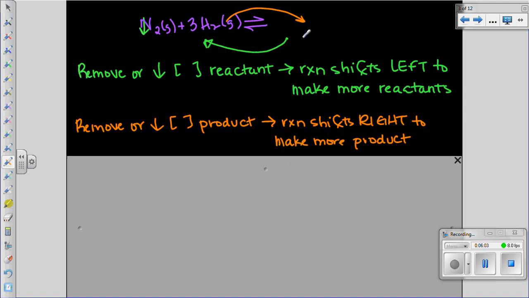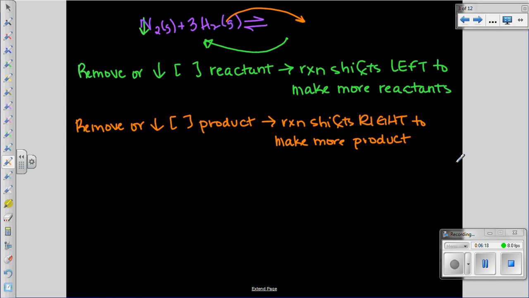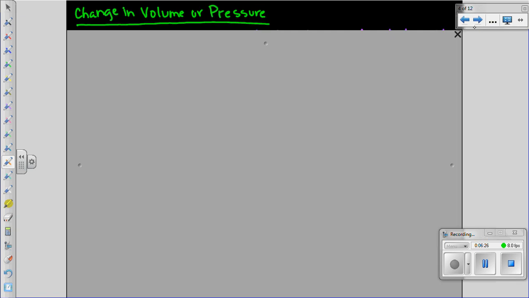You could think about this like the problems we did where we had 0 on the product side, and the reaction wants to shift that way to make more of it. So if you remove or decrease the concentration of a product, then the reaction is going to shift right to make more product. That's what happens when we have changes in concentration.